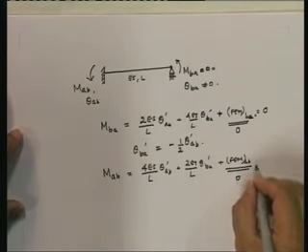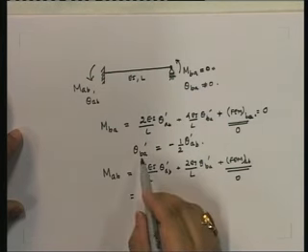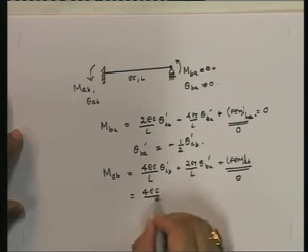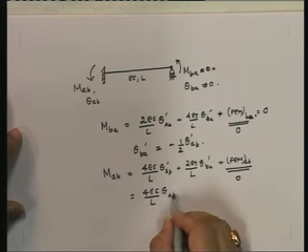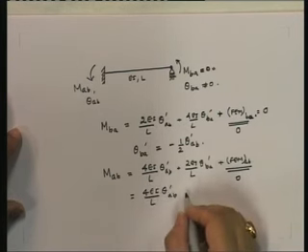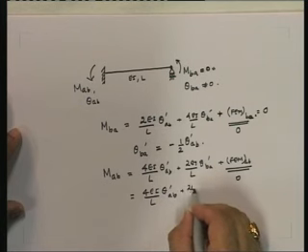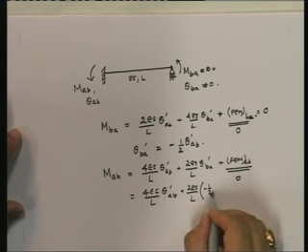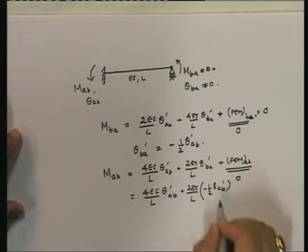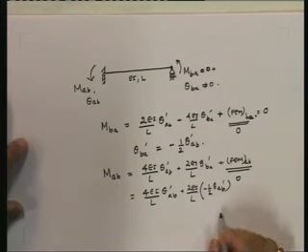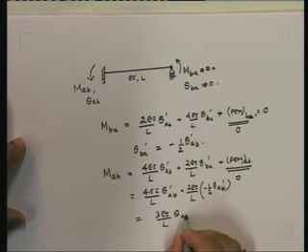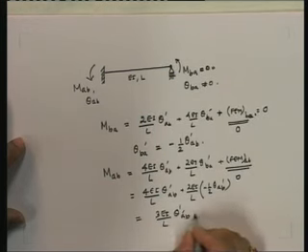Okay, what is this equal to? Now here I substitute this here, so this becomes 4EI upon L theta AB prime plus 2EI by L, and this is equal to this.